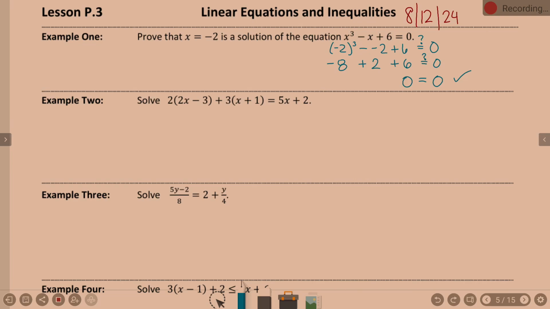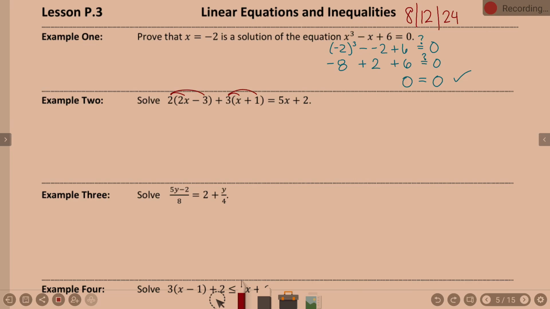Okay, example 2. We're going to solve this equation. 2 times (2x minus 3) plus 3 times (x plus 1) equals 5x plus 2. You see parentheses? You know the first step is to distribute. We're all good there, it sounds like.